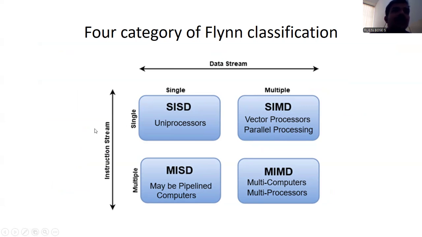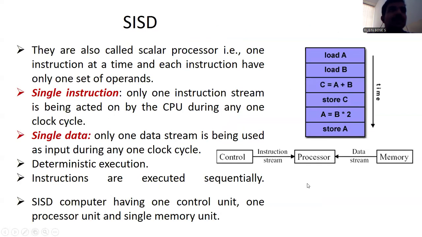One is single instruction, single data; second is single instruction, multiple data; third is multiple instruction, single data; and fourth is multiple instruction, multiple data. SISD is a uniprocessor, SIMD is with vector processors and parallel processing, MISD can be called pipeline computers, and MIMD has multicomputers and multiprocessors.